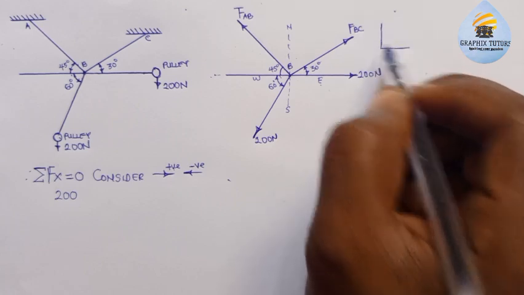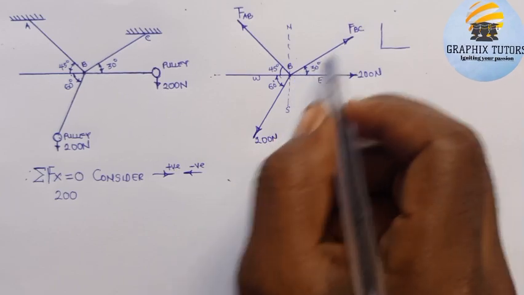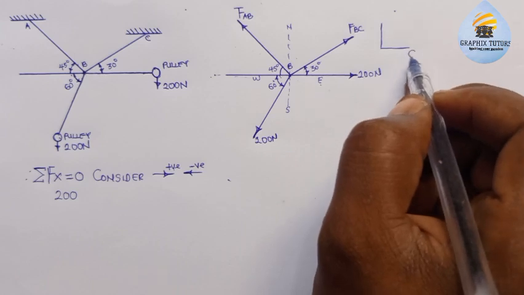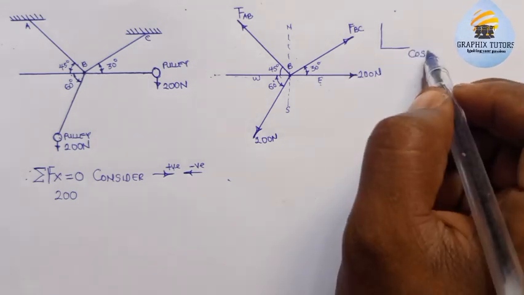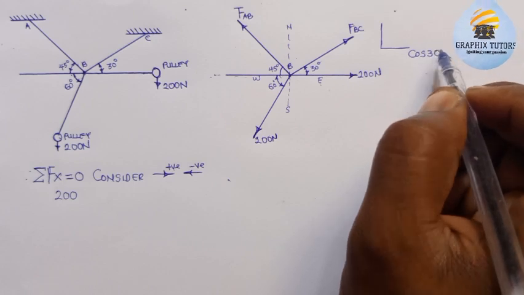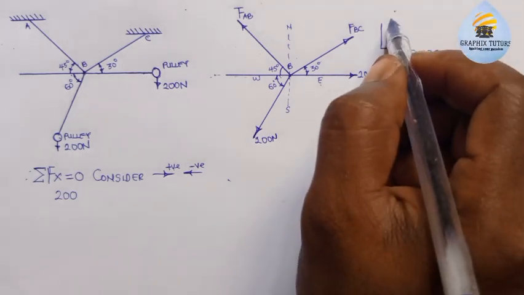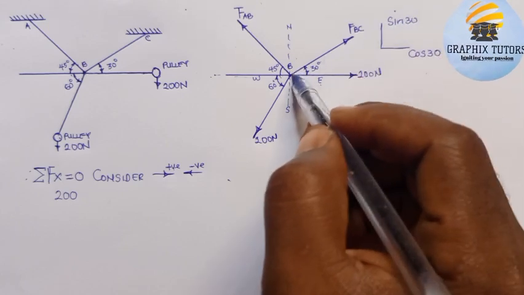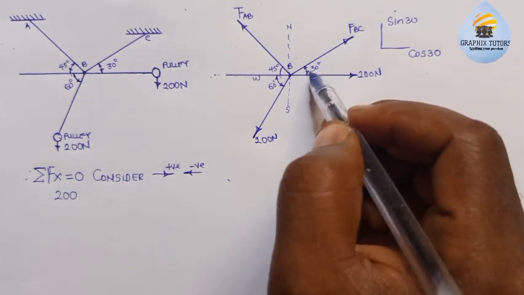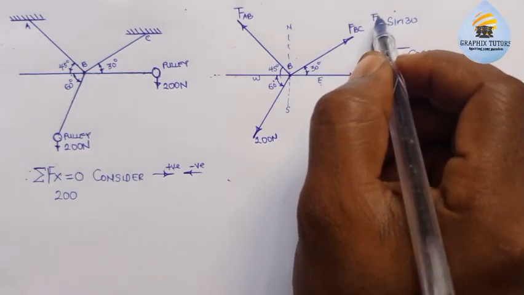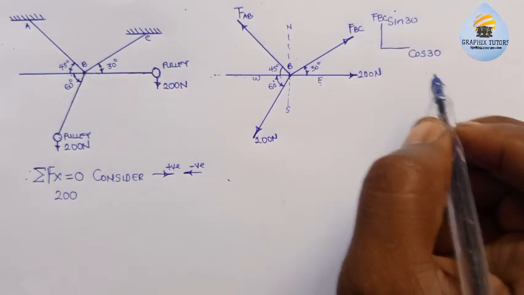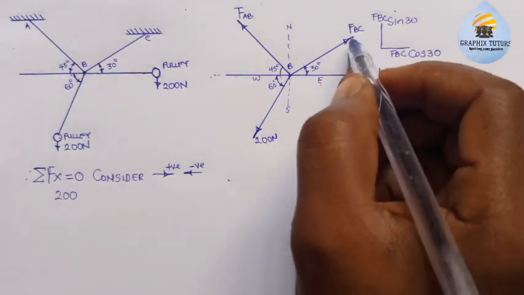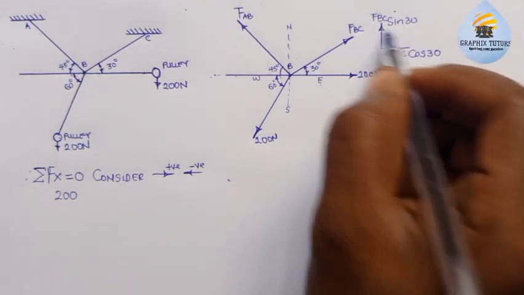Since the force is inclined to the horizontal, this horizontal along the x-axis will be the cos of the angle, which is 30 degrees, and here will automatically be the sine of the angle, 30 degrees. The force acting at that angle is FBC. So we'll now have FBC sine 30 and FBC cos 30. The arrow is going outward, this way.